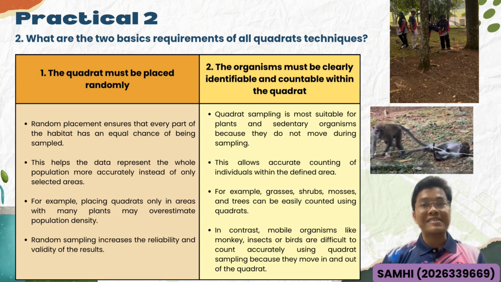This allows researchers to count individuals precisely within the defined area. In contrast, highly mobile organisms such as monkeys, insects, or birds are not suitable for quadrat sampling, as their movement in and out of the sampling area can lead to inaccurate or inconsistent counts.